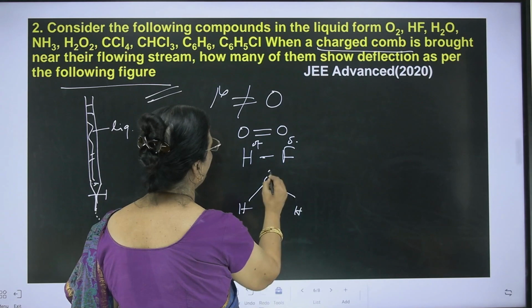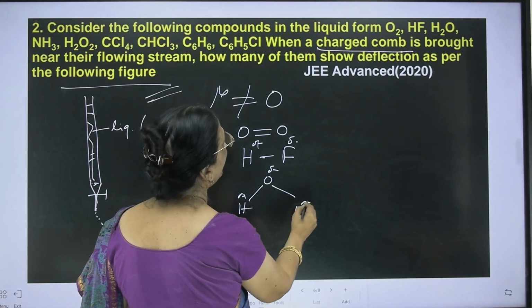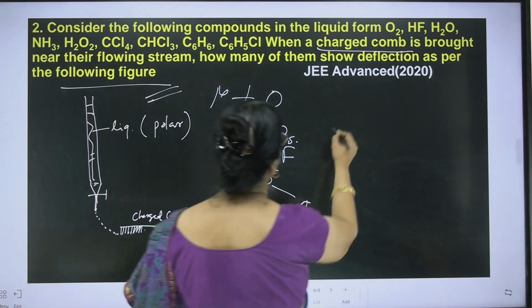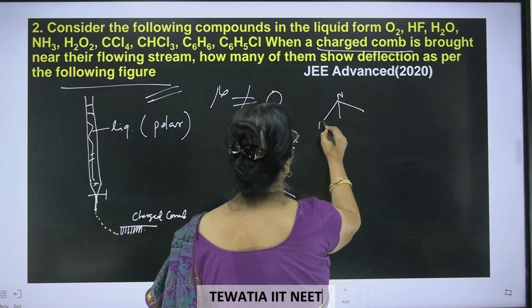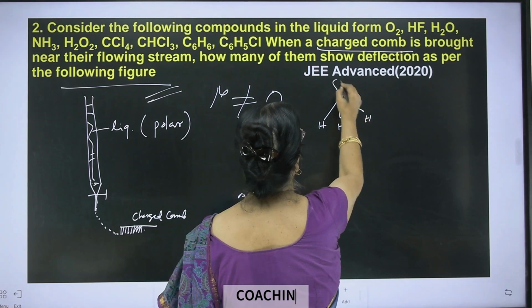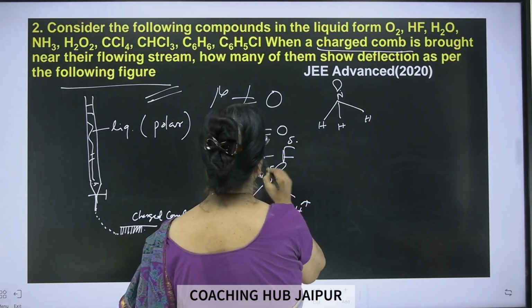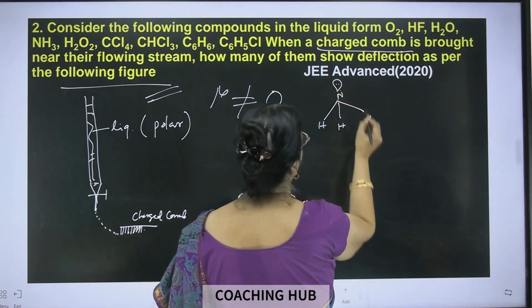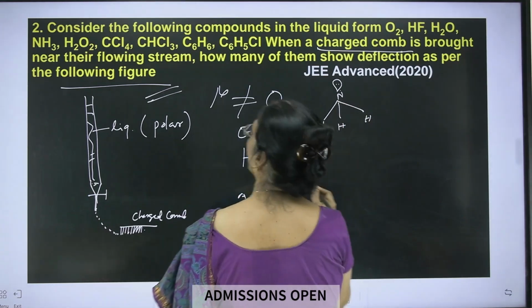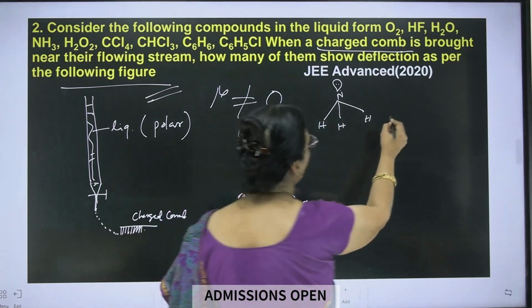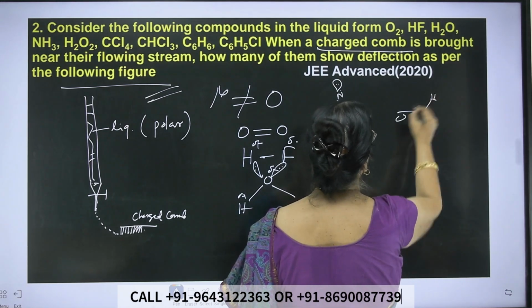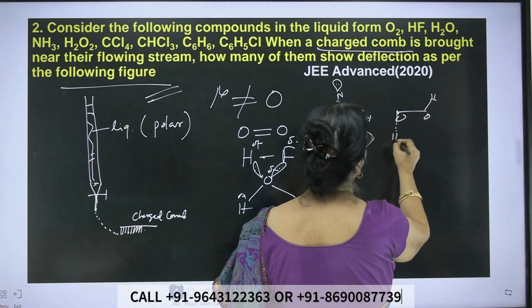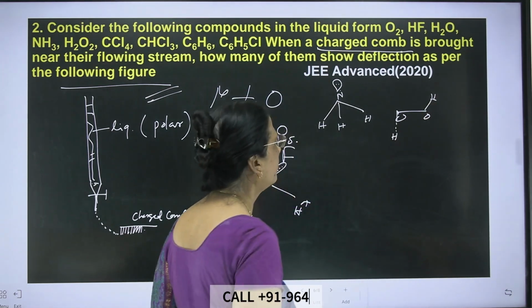Then your ammonia, it is also pyramidal. Clear? One lone pair, these are two lone pairs. Okay, ammonia. Then H2O2, here also people say the two hydrogens are not in the same plane. They are not in the same plane. Clear?